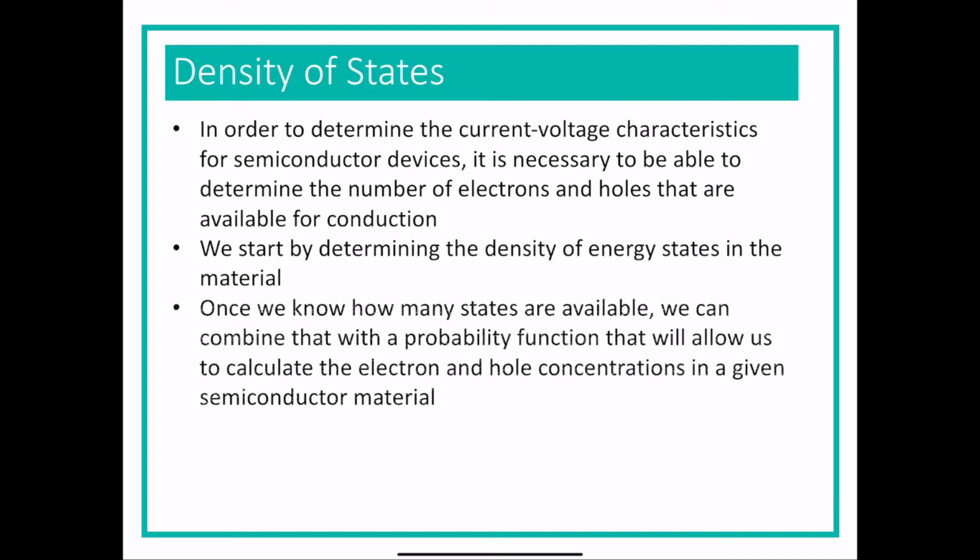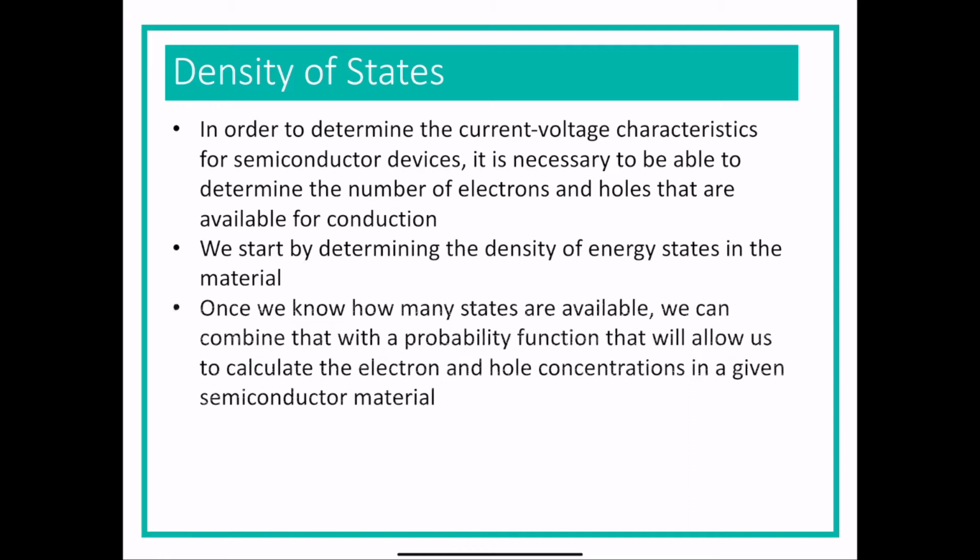Once we know that, then we can combine that with the probability of finding a particle in that slot, and then we can determine basically how many there probably are.